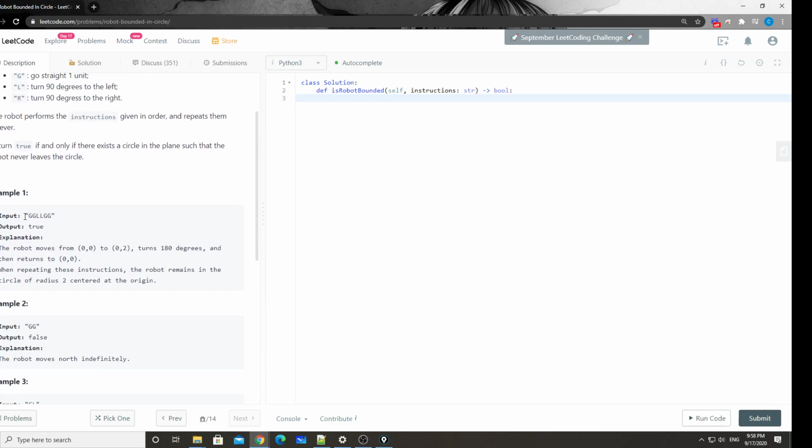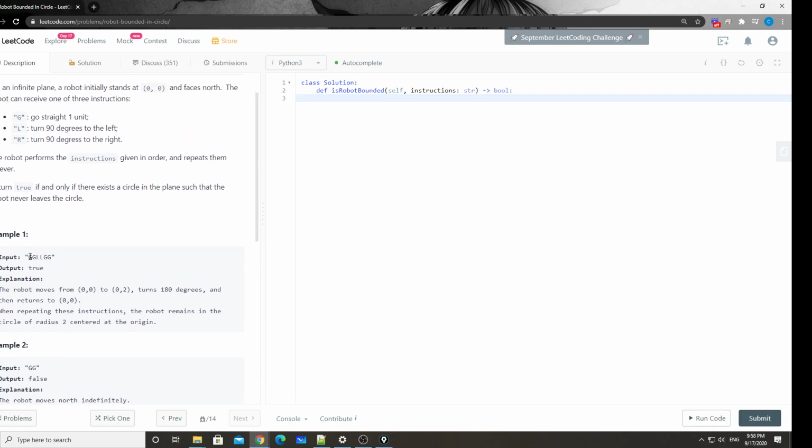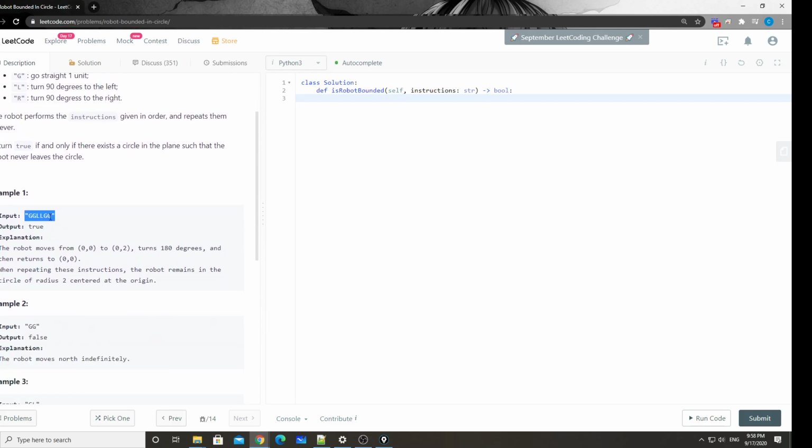The first one is pretty obvious: by the end of this string of actions, if the robot came back to the original position (0, 0), then we know the trajectory is within a bounded circle.